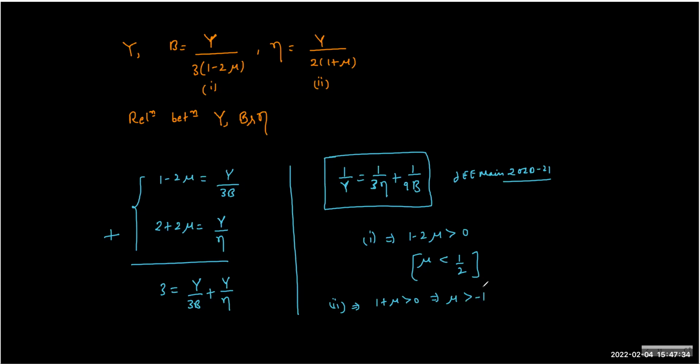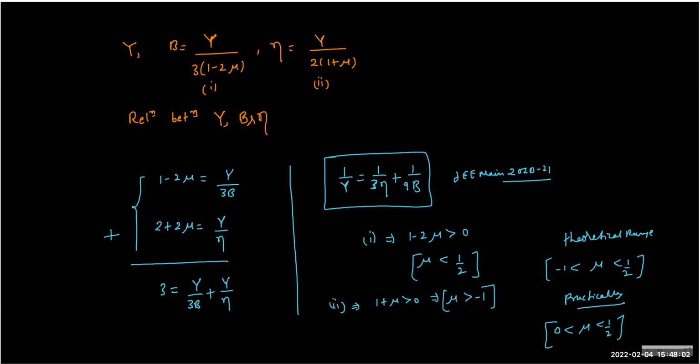So there is a range of mu theoretically. This is the theoretical range possible, but practically we always keep it from 0 to half.